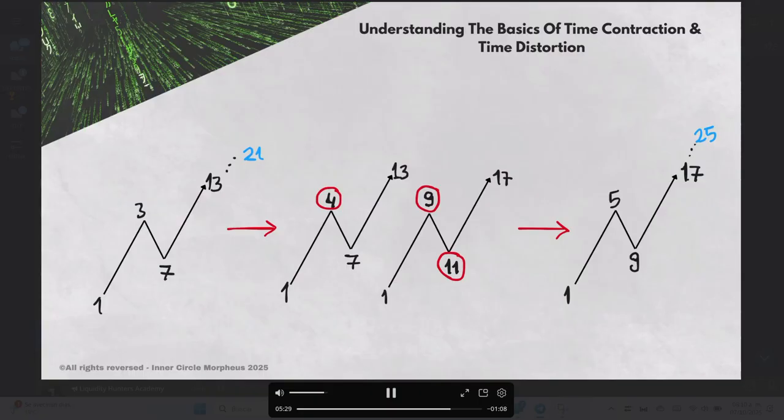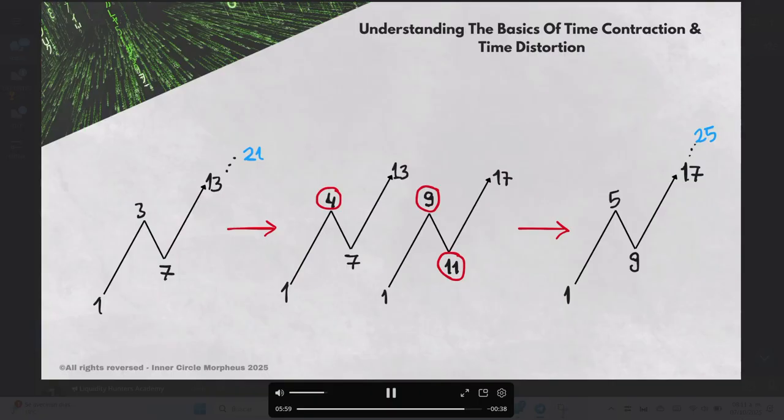The time it takes to complete the expansion changes, and then the retracement part changes, 4 to 7, or 9 to 11. Also pay attention to the second expansion leg from 7 to 13, then 11 to 17, vice versa. The retracement, expansion, or reversals that will occur in the future will change, as time contraction leads to delay or haste in the first expansion, and this will transform the sequences.